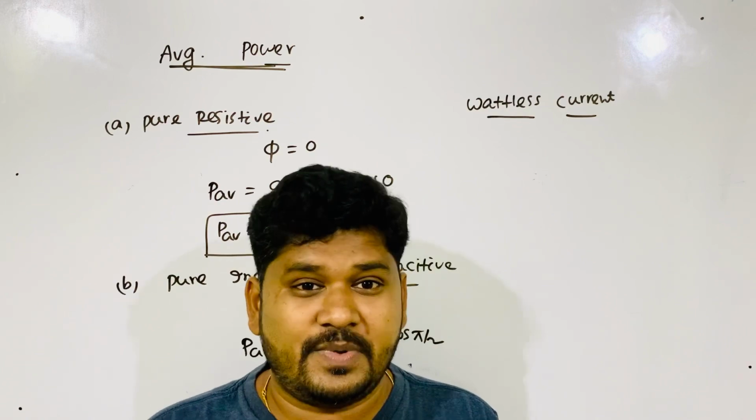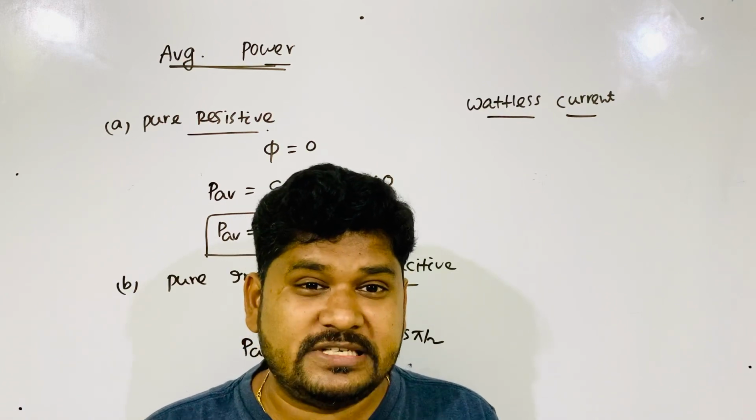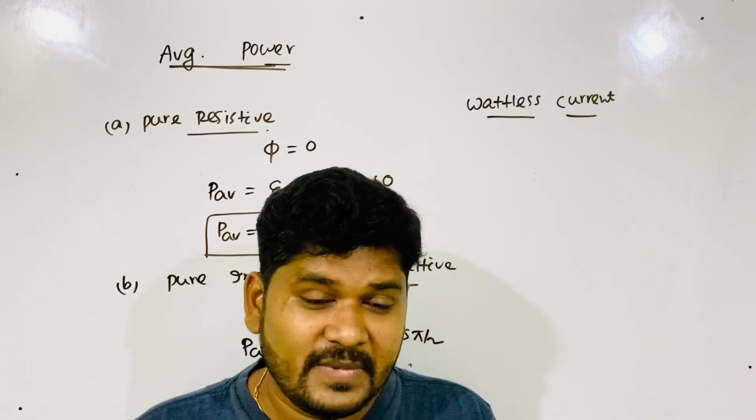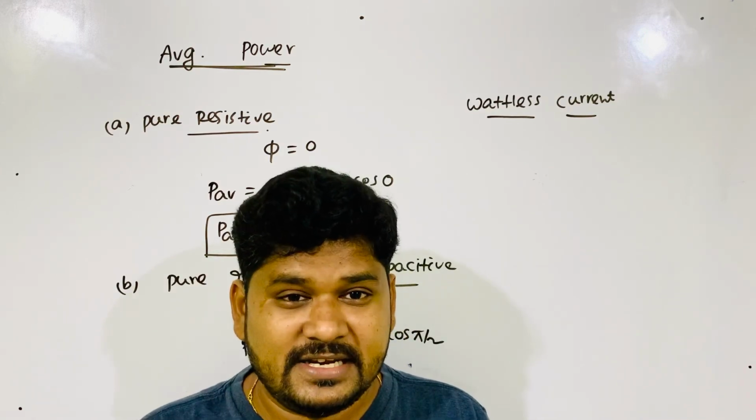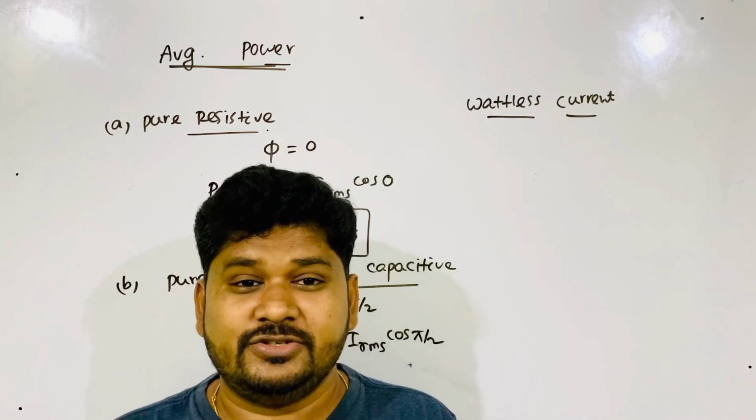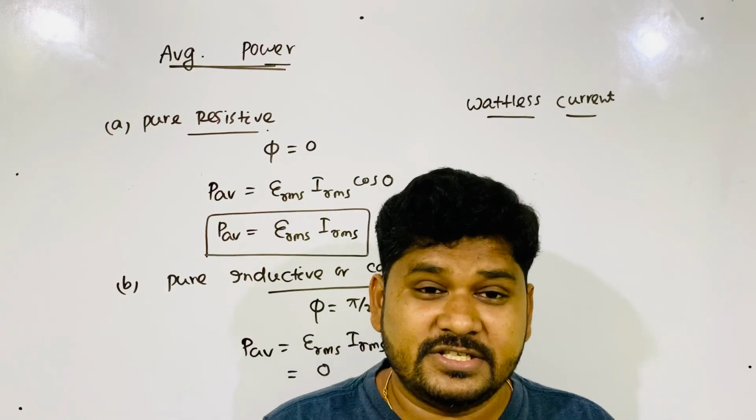They consume no power. They store energy in the form of electric potential energy in a capacitor, and in the form of magnetic potential energy in an inductor, and later again they give that energy back to the circuit. So they consume no power.